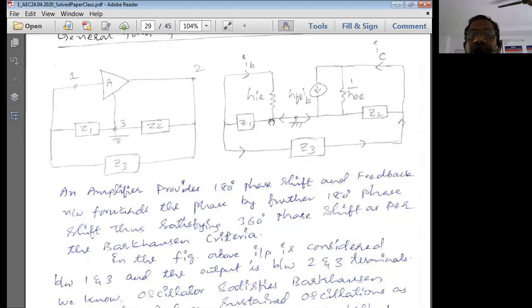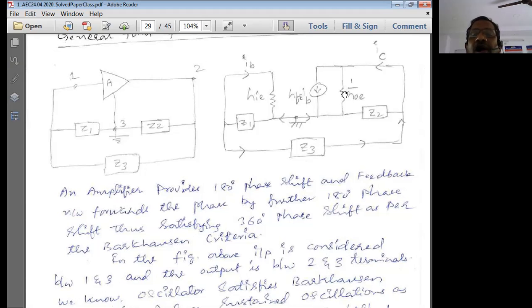HRE VC is neglected because in the approximate model we don't use HRE VC, because the value of that is going to be very, very small. So we neglect that. The next thing is we use HFE IB and 1 by HOE. So this is the equivalent circuit which we have to draw compulsorily at the output side.